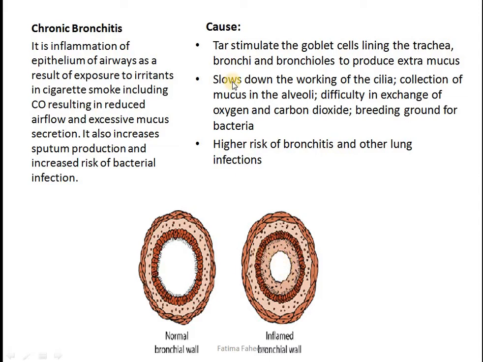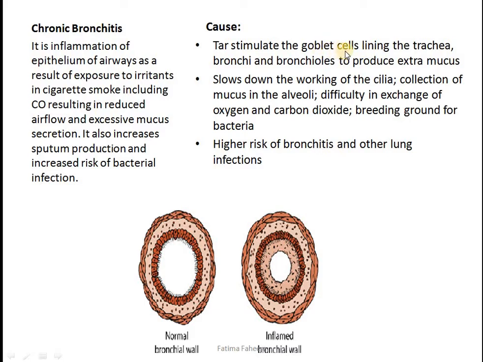So what's the cause of bronchitis? Tar stimulates the goblet cells lining the trachea and bronchi and bronchioles to produce extra mucus. If you remember from the chapter on respiration, goblet cells are specialized cells which are lining the bronchi, bronchioles and trachea.